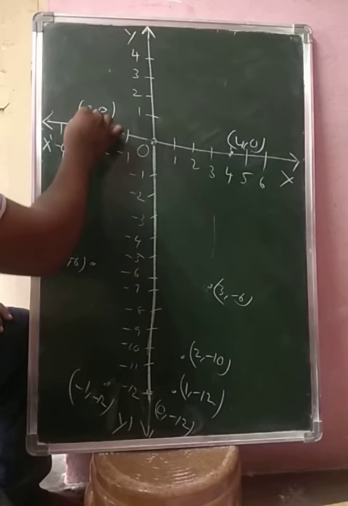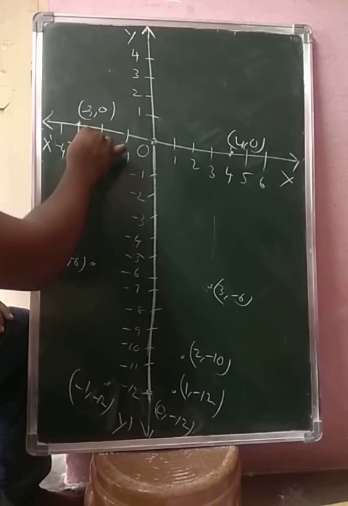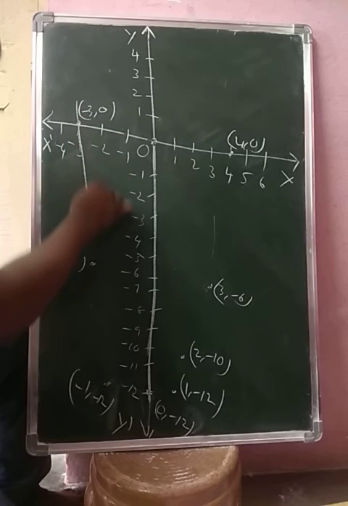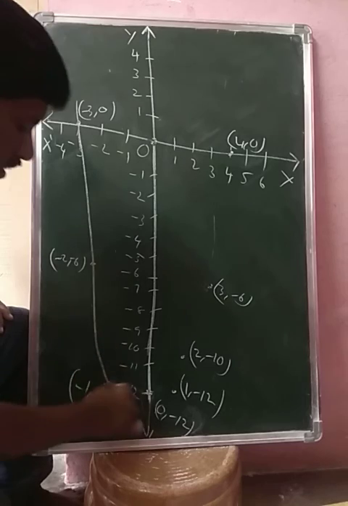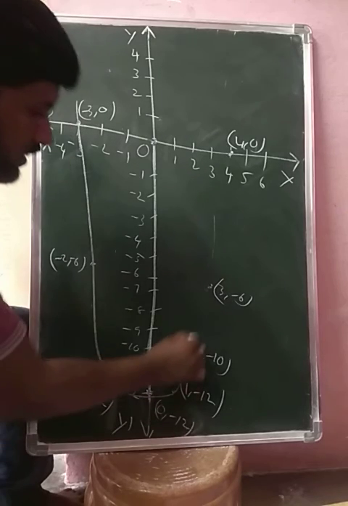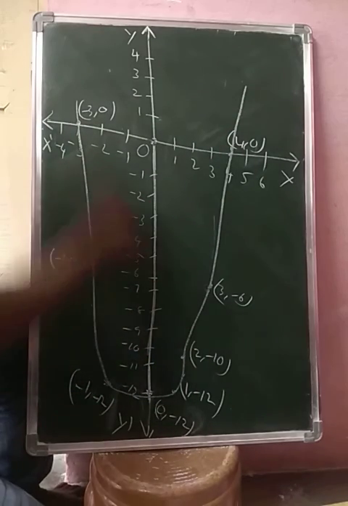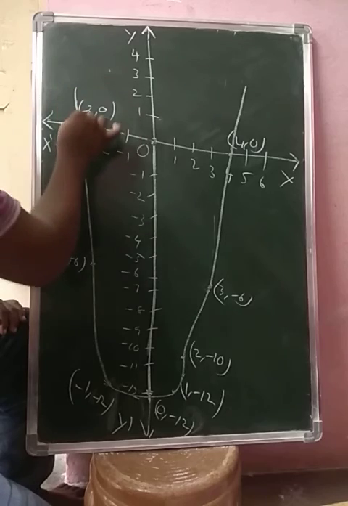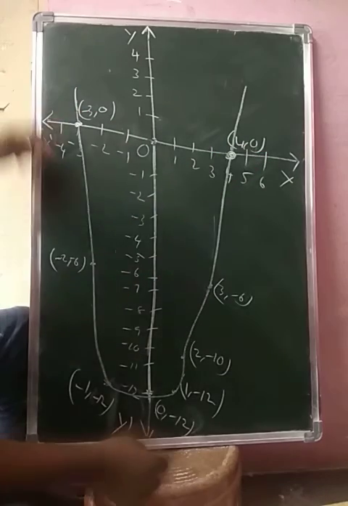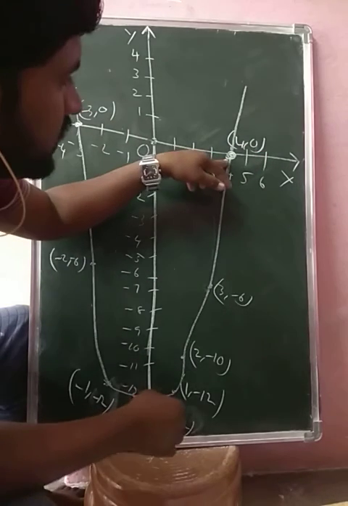So just with your free hand you join these points, you will get a curve like this. Where the curve touches the x-axis, it touches at -3 and at 4.